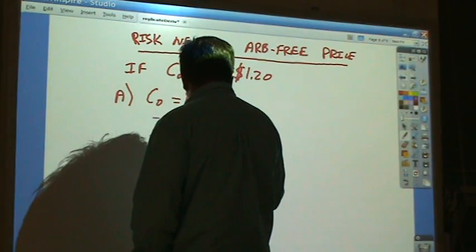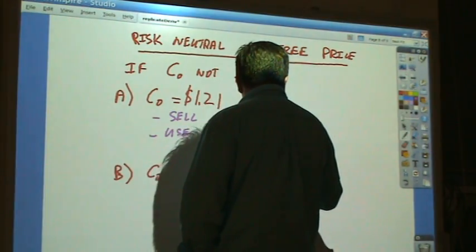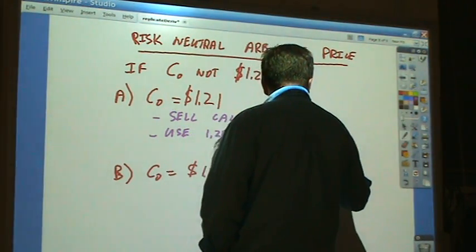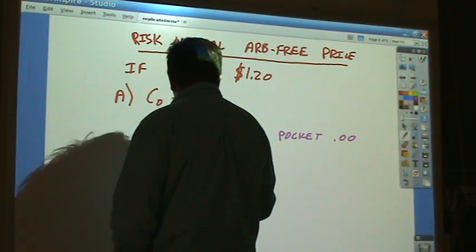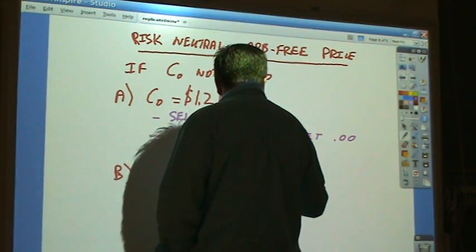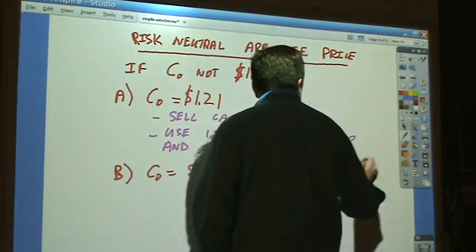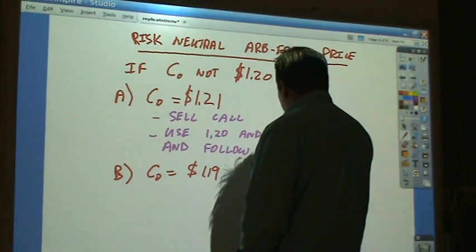Use $1.20, pocket 1 cent, and follow the previous, follow the replicating.